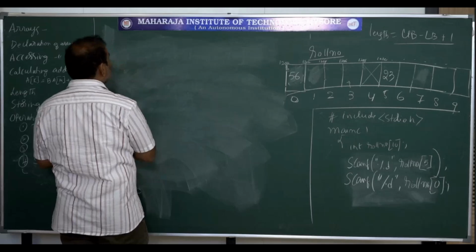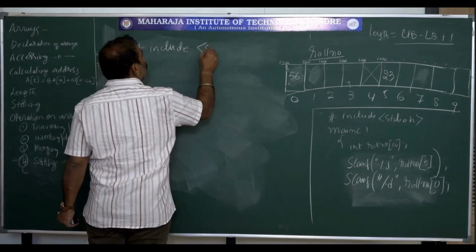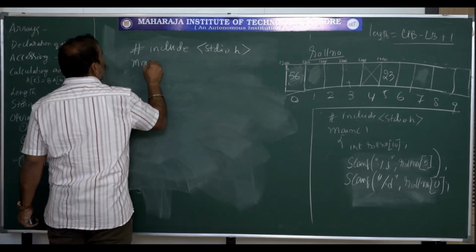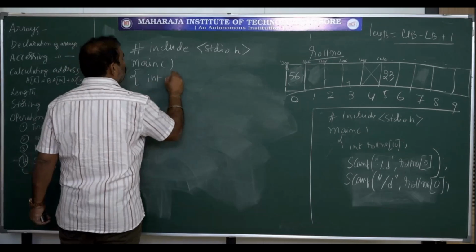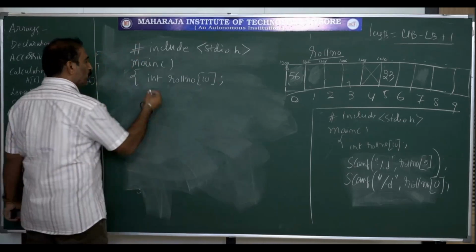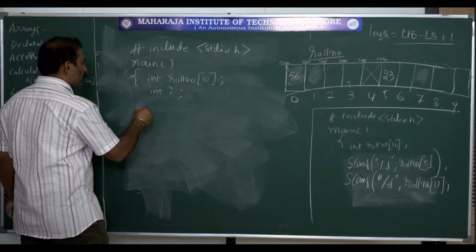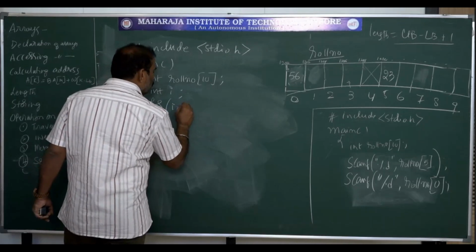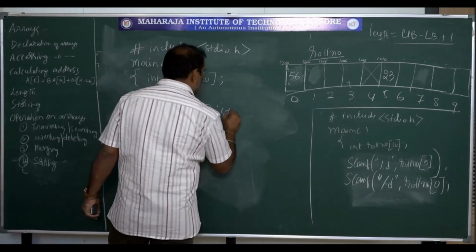I'll write here: integer I, for I equals 0, I less than 9, I plus plus.